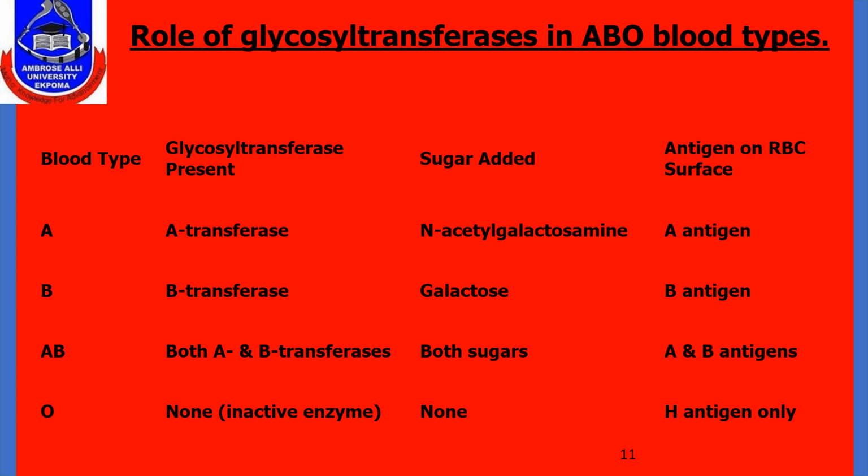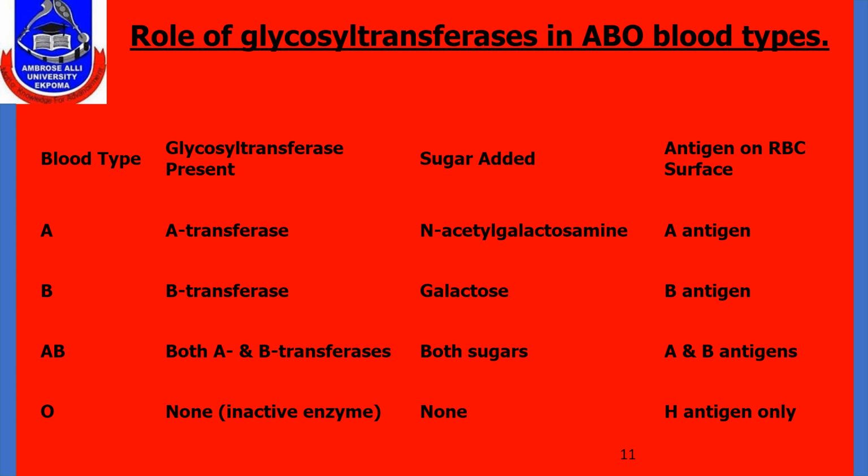The antigen that responds to that is the antigen B. For the AB, both the alpha and the beta transferases are used. And both sugars are added. That is N-acetyl galactosamine and galactose.